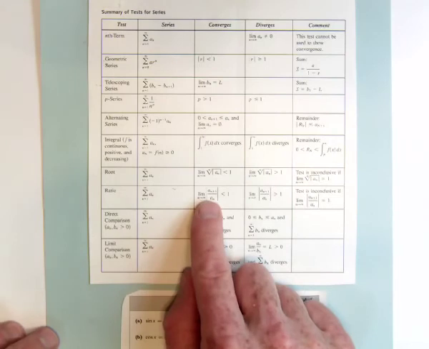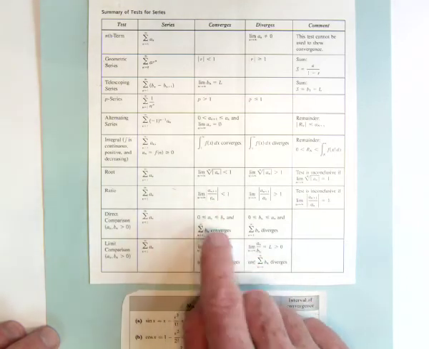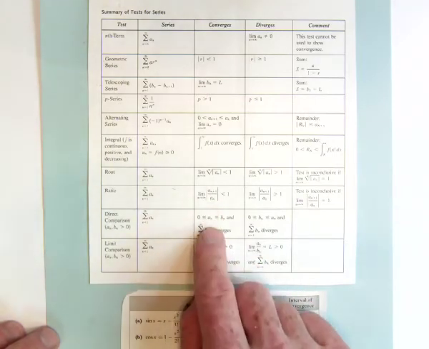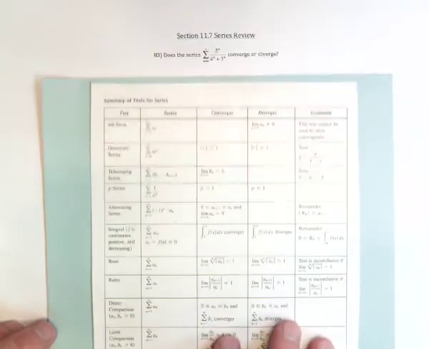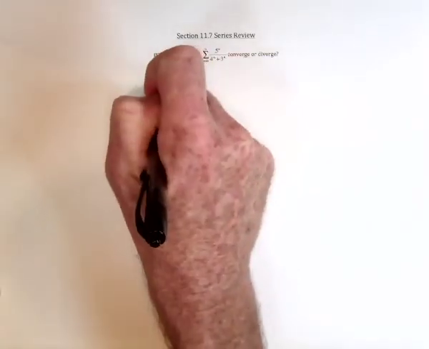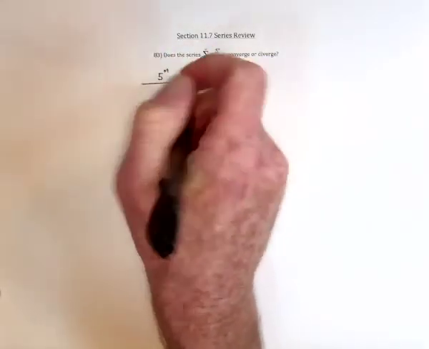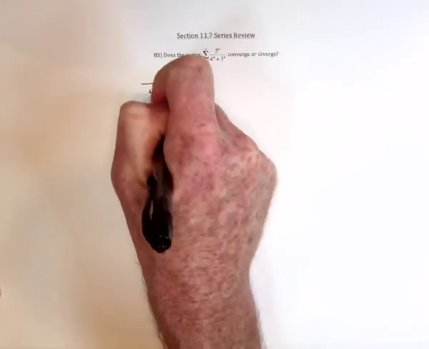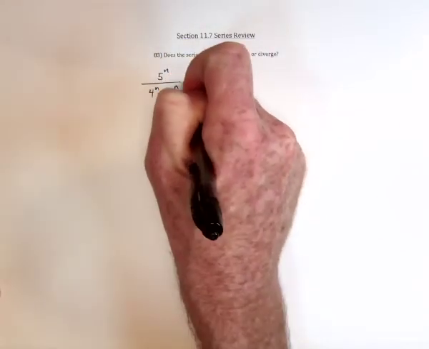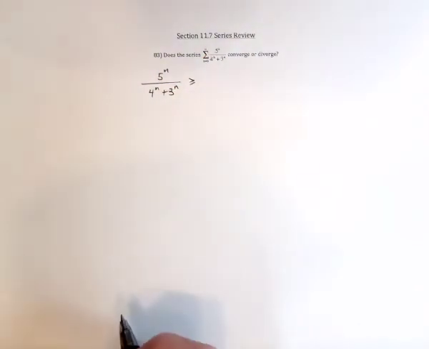What other choices? There's the ratio test, where you put in n plus 1 and you put in n. That's a possibility. You could compare it with something you already know diverges. I'm going to say that 5 to the n over 4 to the n plus 3 to the n is bigger than or equal to something that diverges, because I'm trying to show that it diverges.